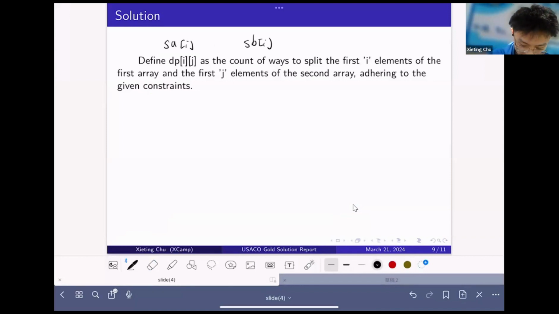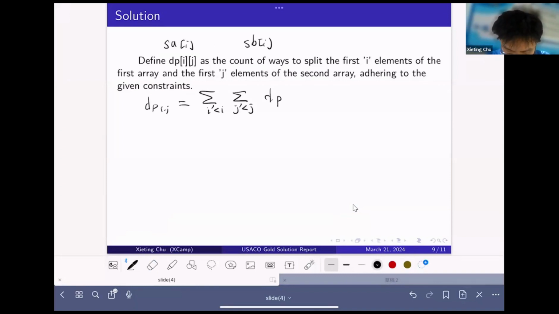Now, how to do the transitions? For DP[i][j], first we iterate i prime less than i, and iterate j prime less than j.